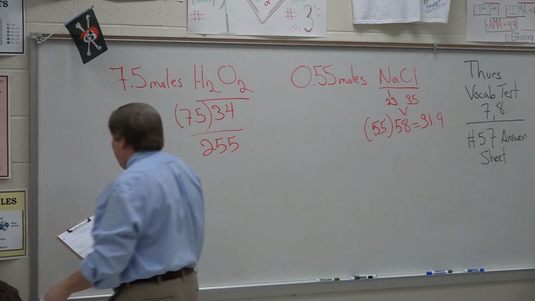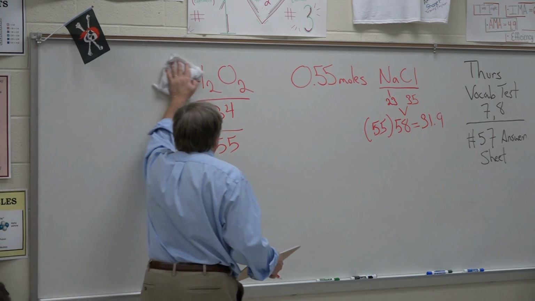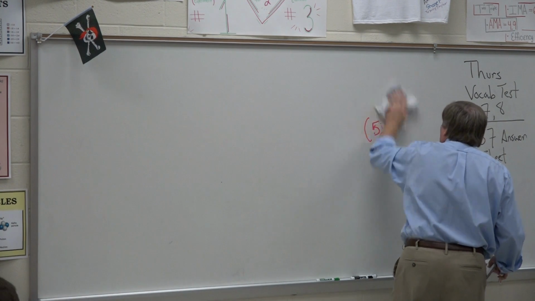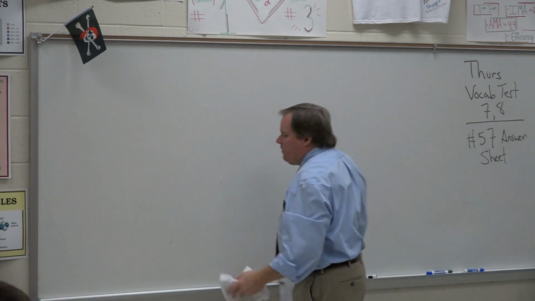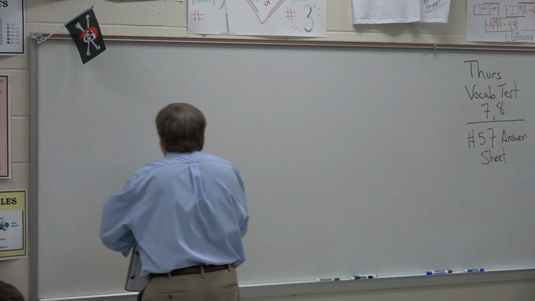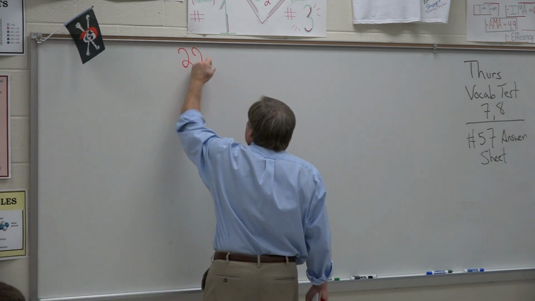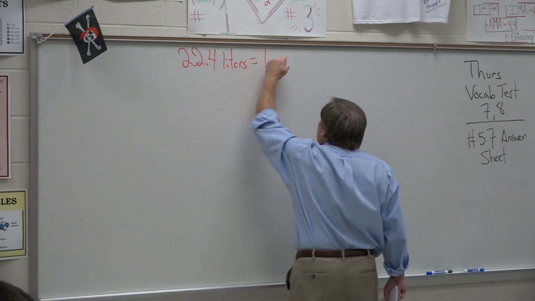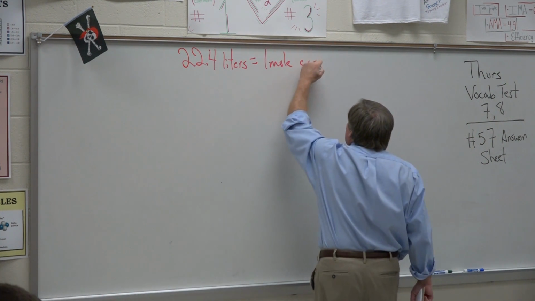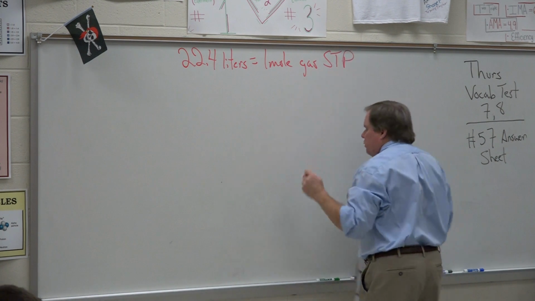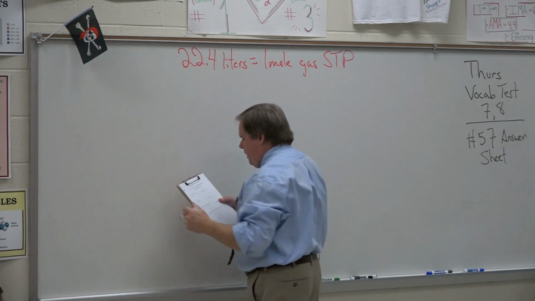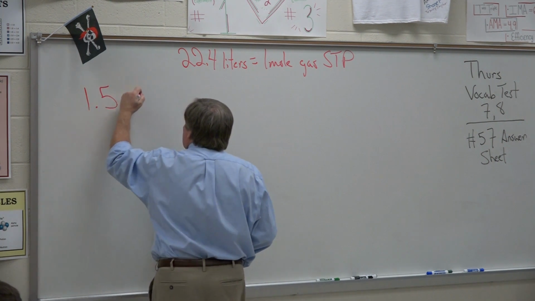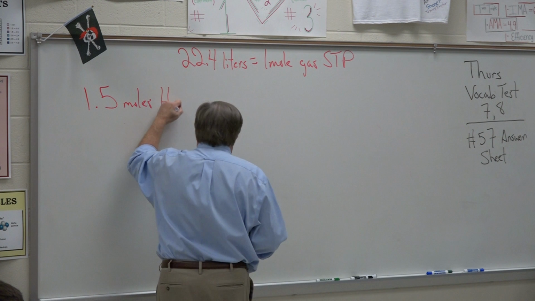Now, moving into gases at STP. 1 mole of any gas at STP has what volume? 22.4 liters. Any gas, standard temperature and pressure. Our first one, we've got 1.5 moles of H2.